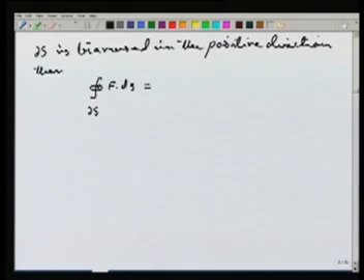This is a simple line integral. This is equal to double integral over S curl F dot n d sigma, where d sigma is the surface area of the surface S. So you see the similarity with the Green's theorem.